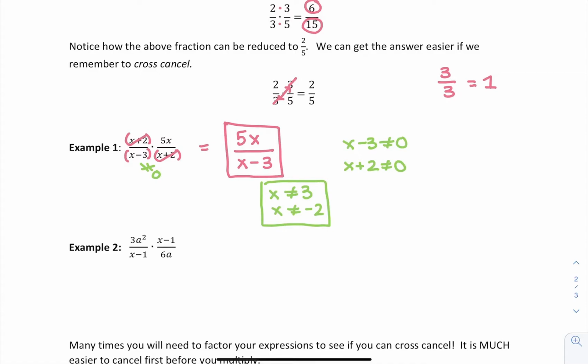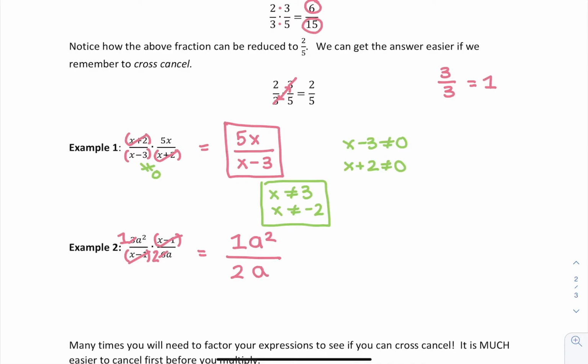In my next example, again, the first thing I'm going to do is try to cross cancel. So I notice I have an x minus 1 in the numerator and denominator. I can cancel those. The 3 and the 6, I can cancel to become a 1 and a 2. And let's just rewrite this so it's a little bit neater.